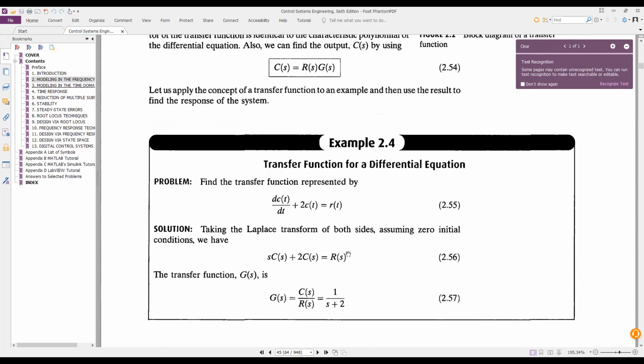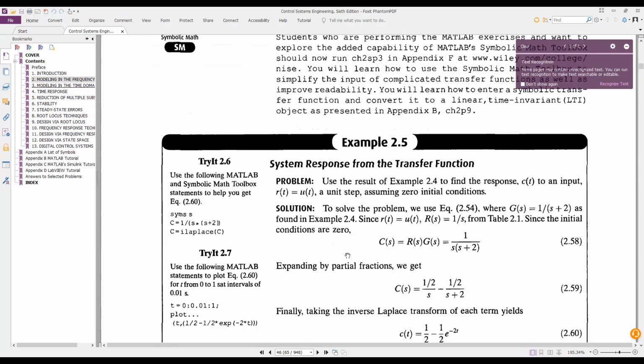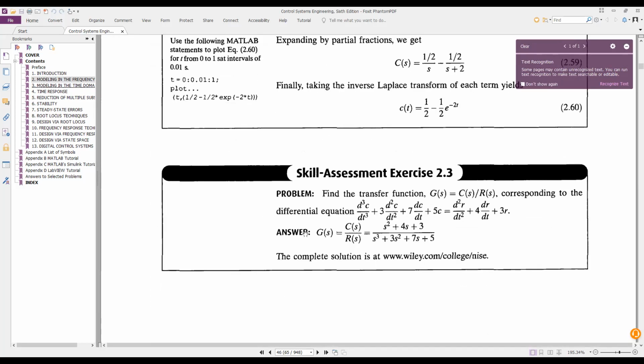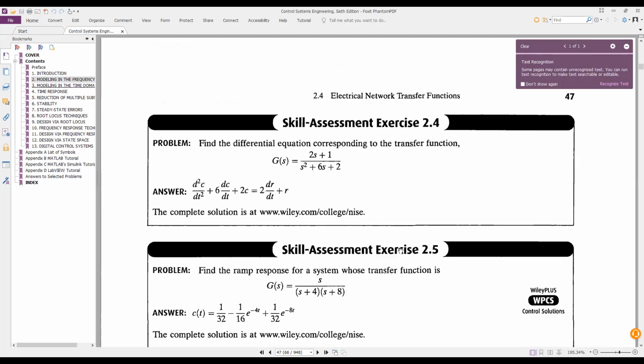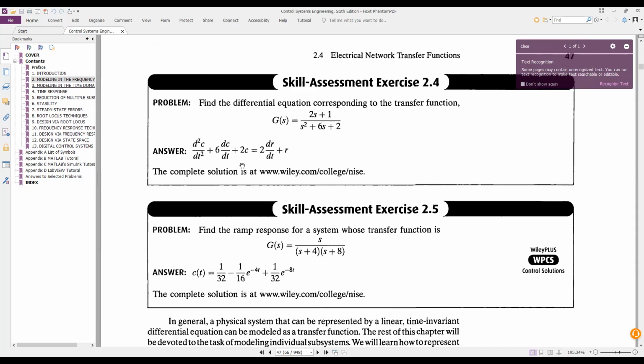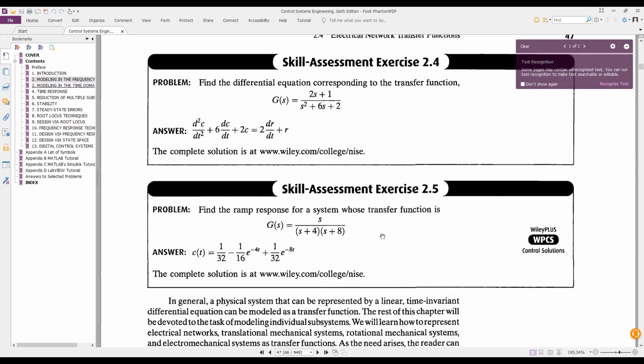And that is the example of transfer function. Some of these things are given also. You can find this thing. Skill assessment problems are there.